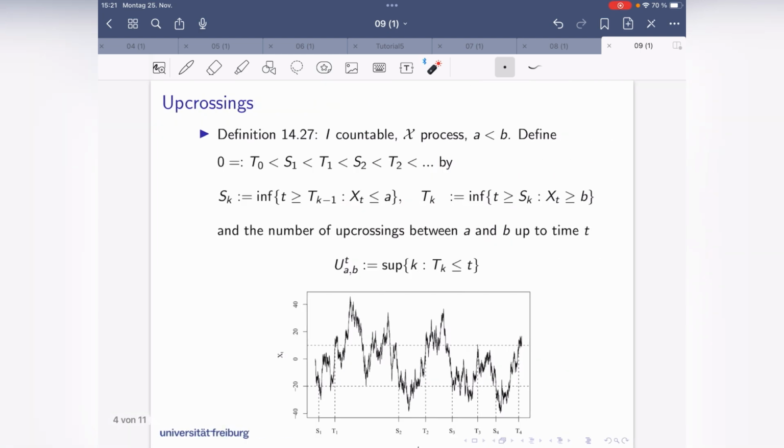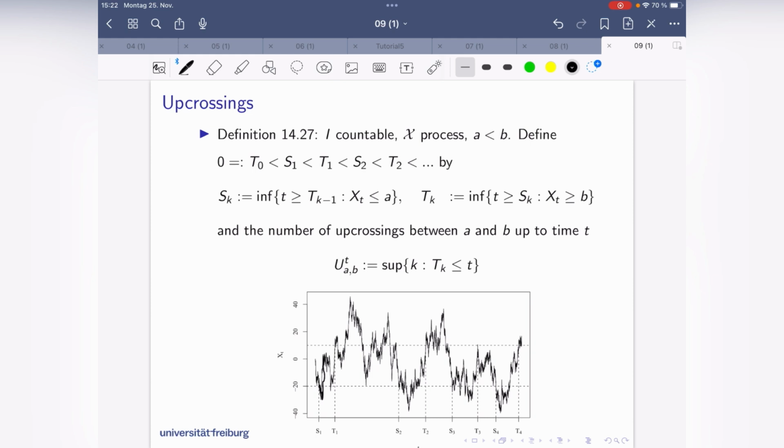And with this, we can now come to the martingale convergence results. A basic notion here are so-called upcrossings. Here I made a figure. So for an upcrossing you have to fix two numbers, for example minus 20 and 10 here.